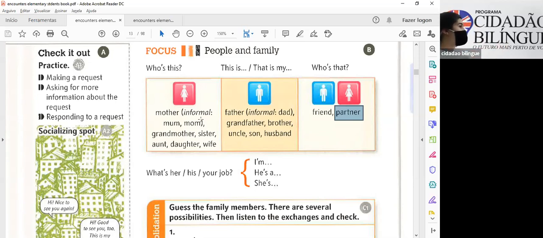It has the same meaning, but one is formal and the other is informal. Mother and mom is the same, father and dad is the same. All right. Continuing.